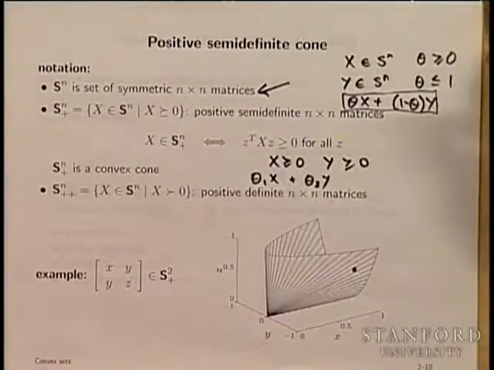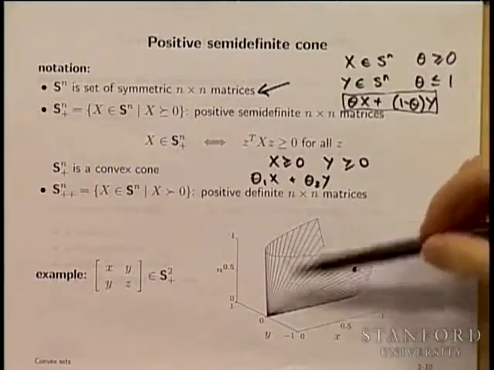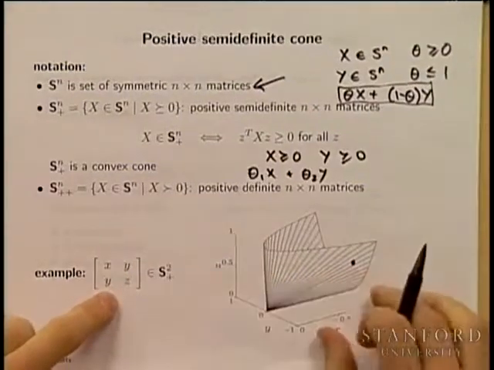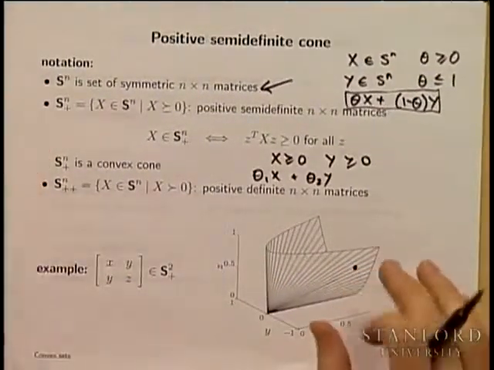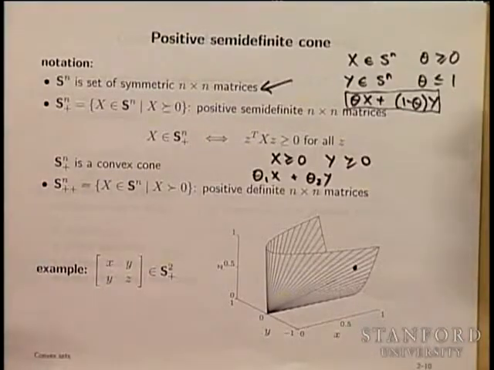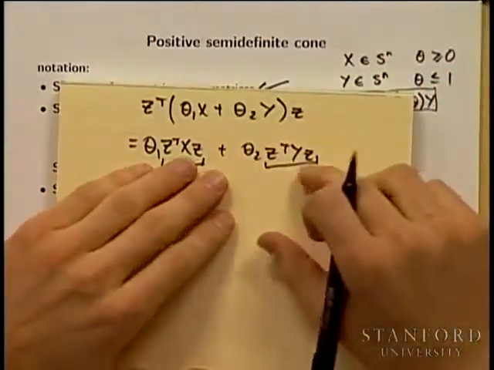Can you have a positive definite matrix that's not symmetric? Yes, you can. This particular picture does depend on symmetry because we've explicitly said that. Basically, it's bad form to give somebody a non-symmetric matrix, but this proof here never used the fact that they were symmetric.